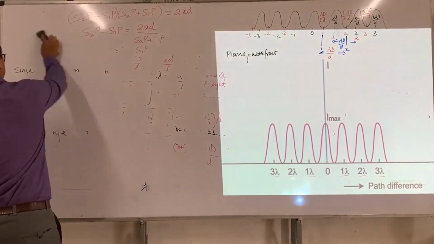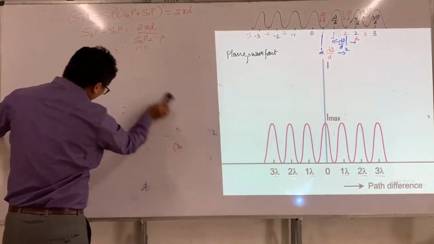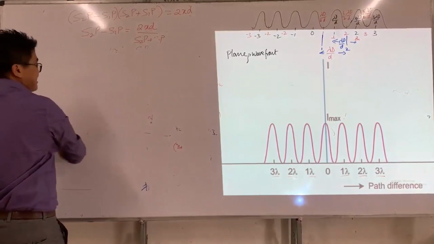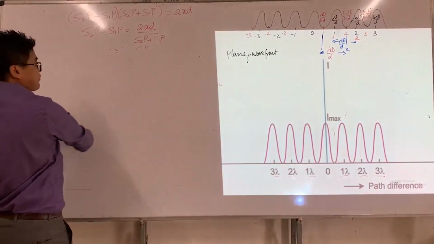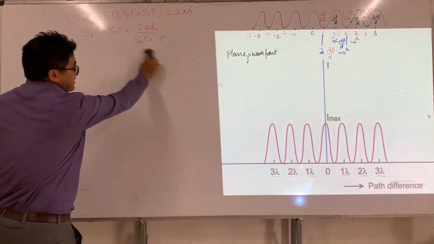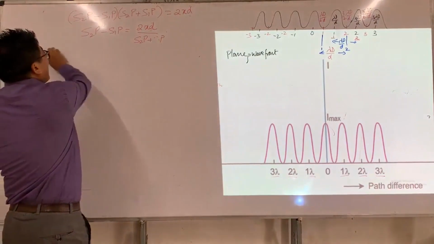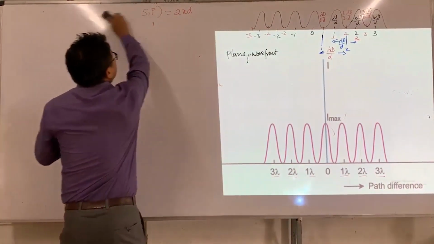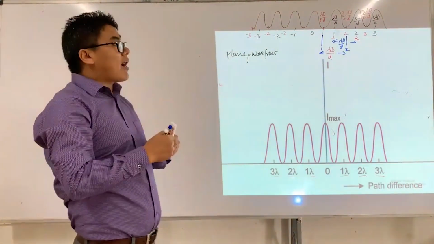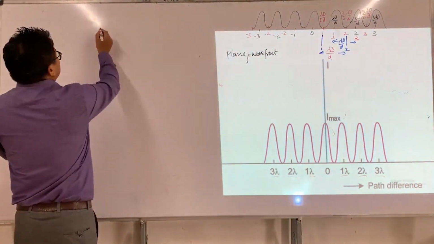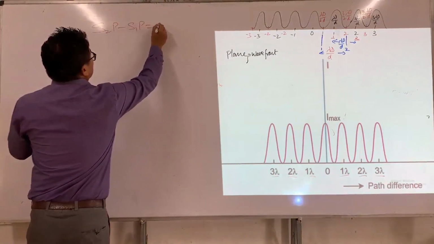Now whether we talk about bright or dark, there is one condition that must be satisfied all along a particular fringe. Again I am repeating, one condition that must be satisfied all along a particular fringe is that the path difference is constant.